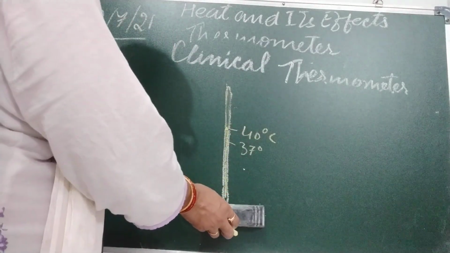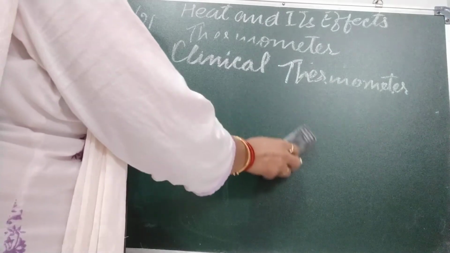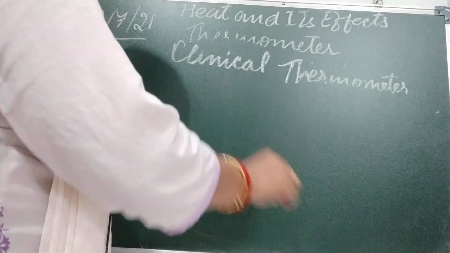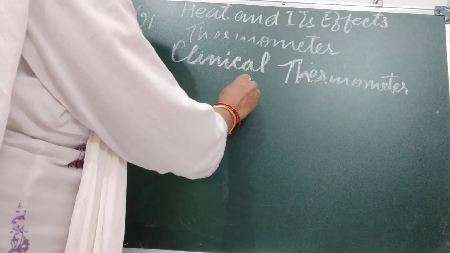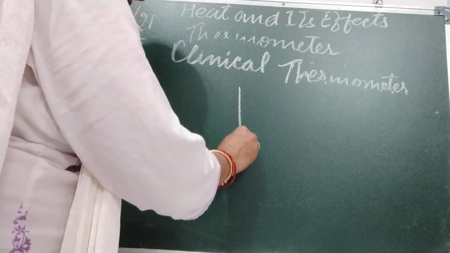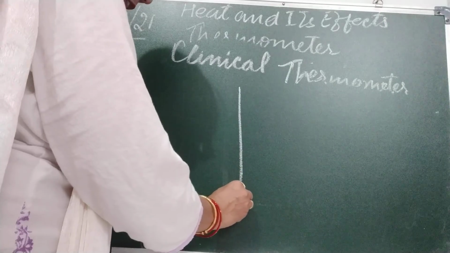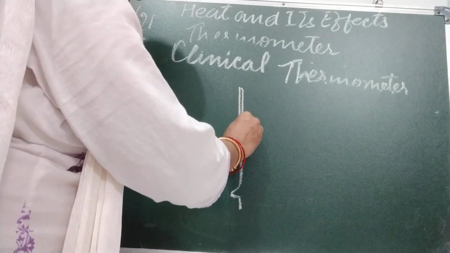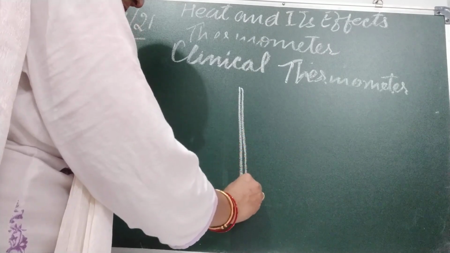For the clinical thermometer, we need some change in the structure of this thermometer. Like in the stem, we are going to make a kink. This is the kink. This is the stem, a very fine, very thin tube.